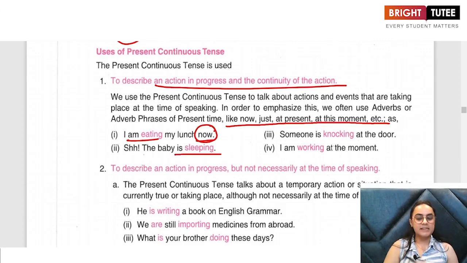This again is describing an action which is in progress. Someone is knocking at the door. You can hear someone knocking at the door, so it is in continuation. I am working at the moment. At the moment, so present continuous tense.